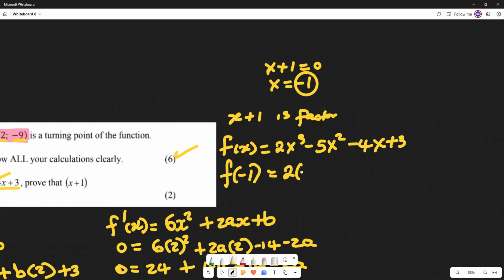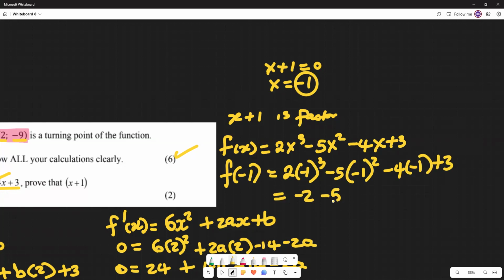So 2(-1) cubed minus 5(-1) squared minus 4(-1) plus 3. This here gives us negative 2. This here gives us minus 5. This one here gives us plus 4 plus 3. Therefore, you can see there is 0. Therefore, x plus 1 is a factor. It can only be a factor if and only if when you solve for x and the x value substituted in the function gives you 0. Then we can say it's a factor. Otherwise, it's not going to be a factor.